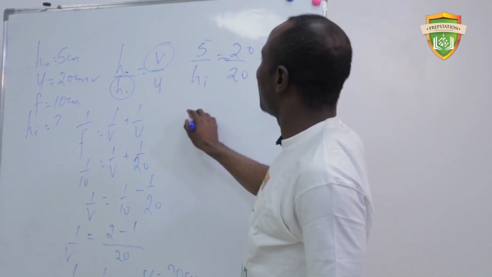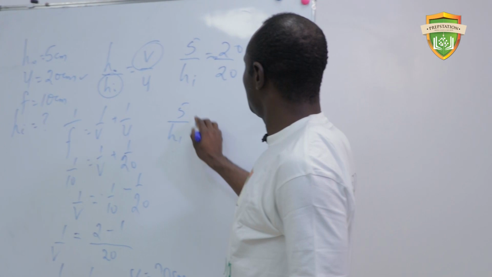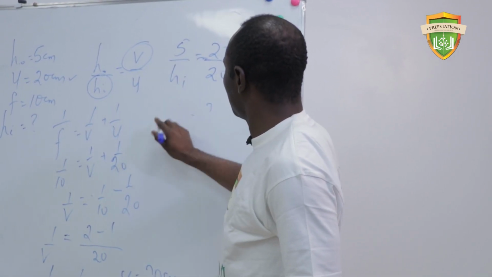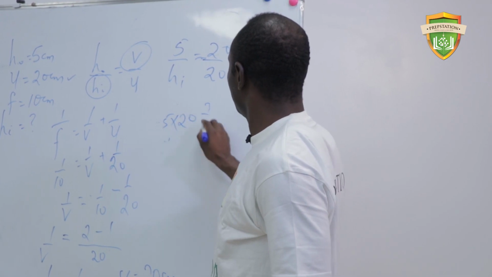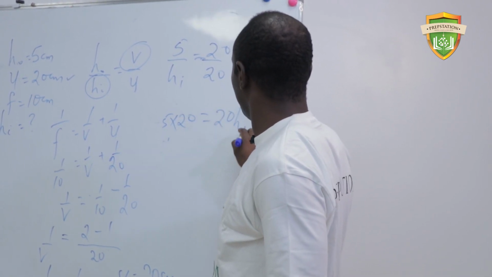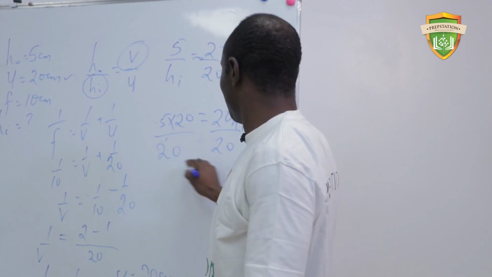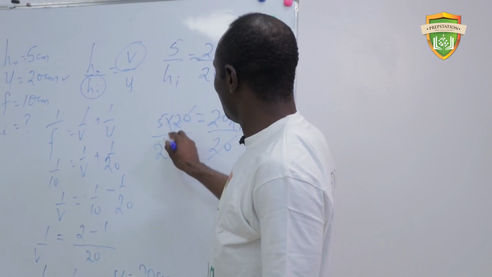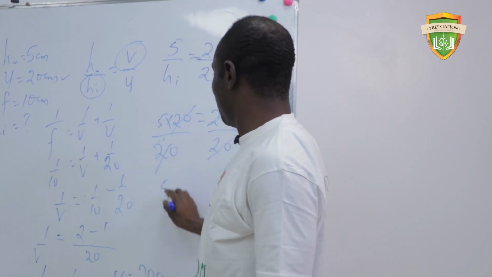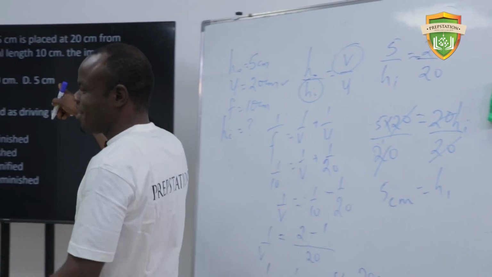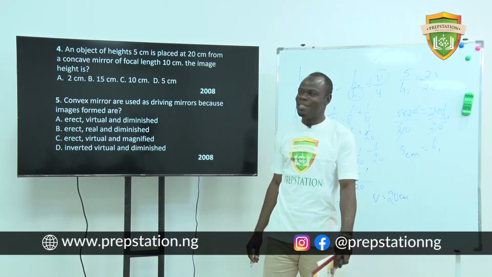So let's cross multiply. HI, this by this, I have 5 by 20 equal to 20 HI. Divide through by 20, then my answer will be 5 centimeters. So HI is 5, and that is option D.